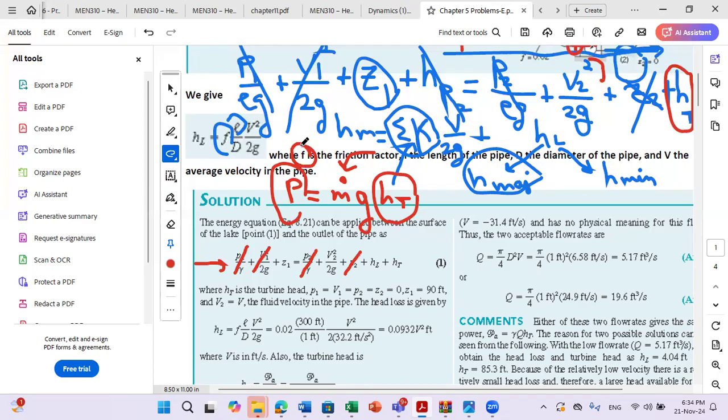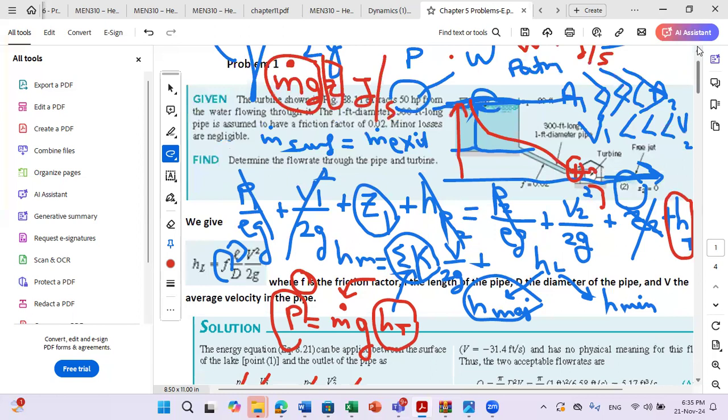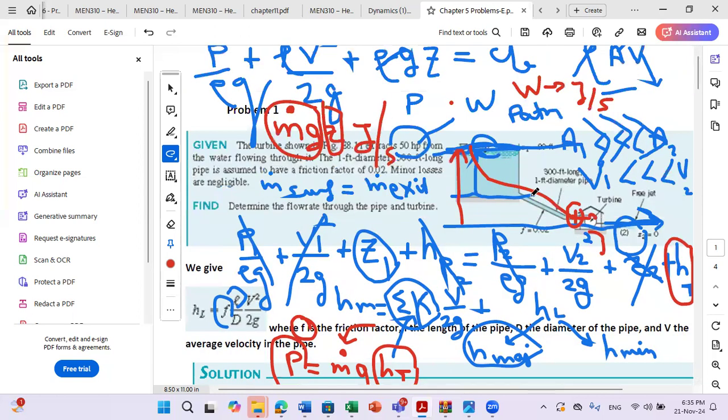So the head losses can be replaced by f times the length of my ducting system. If I look at my figures, they gave me the total length, 3 feet long ducting system, and the diameter is also given. It's 1 foot. And I have the friction factor. So all I have to do is just replace in the equation.